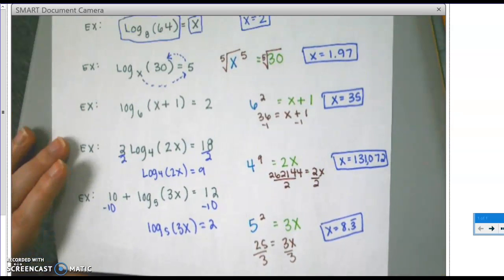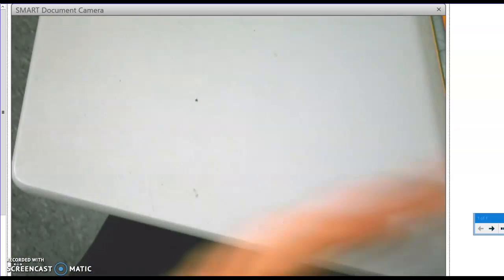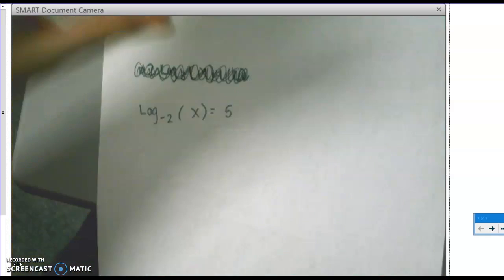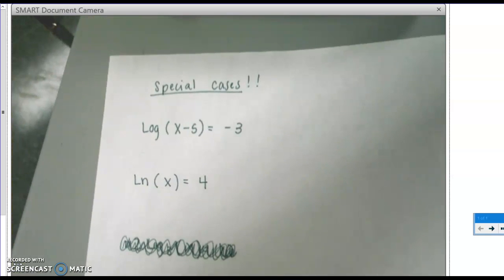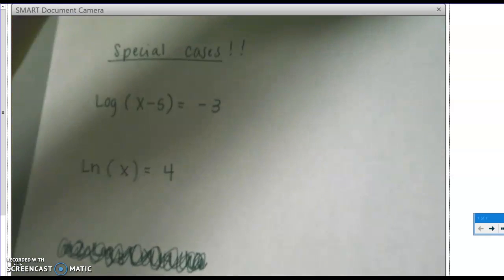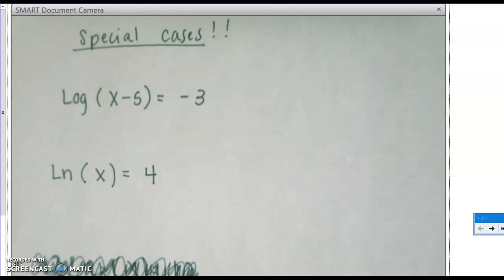All right, so those are all pretty straightforward. There are some special cases with logs. And so these are just ones that you're going to have to remember because sometimes they're like trick questions.